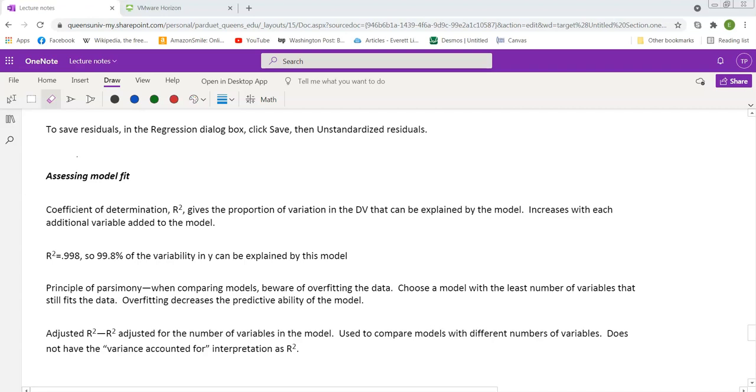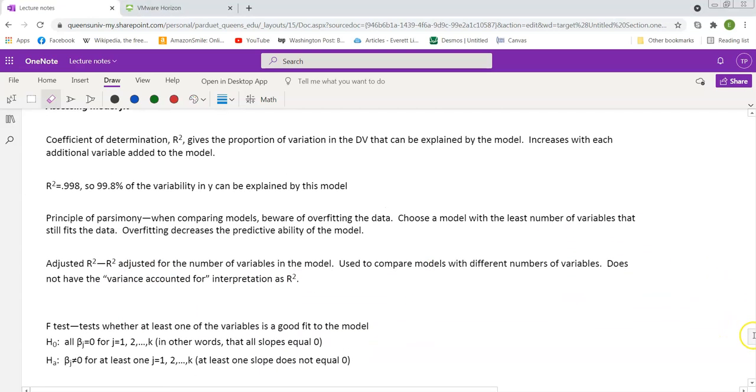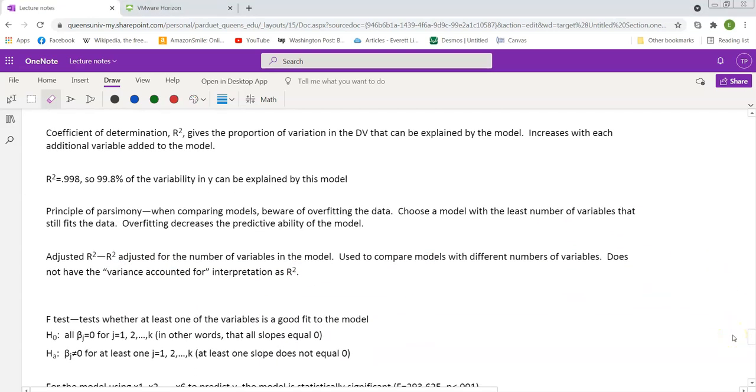The second thing we can do is an F-test. Before, we looked at individual variables for whether they belong in the model. This test is an overall test to say whether any of the variables belong in the model. So is there at least one variable in the model that belongs there?